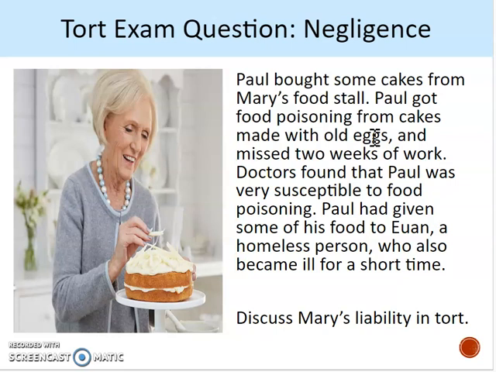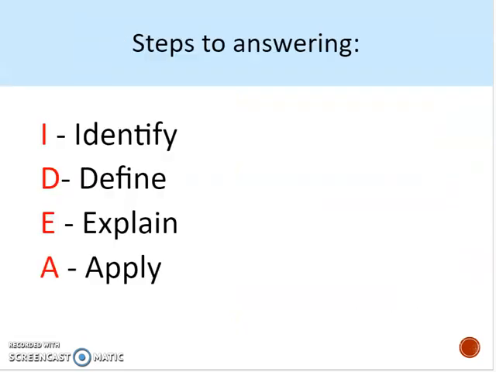So let's look at the steps for when you've got a scenario. What steps do you take to answer it to maximise your chances of getting full marks? So the steps that I advise you to take, we can remember using the word IDEA, and each letter from the word IDEA stands for a different step that you need to take.